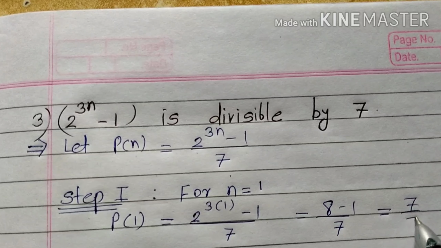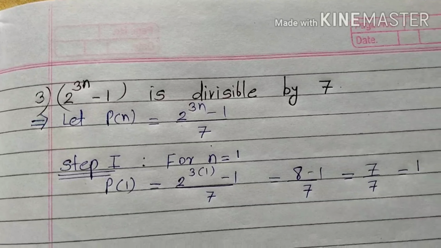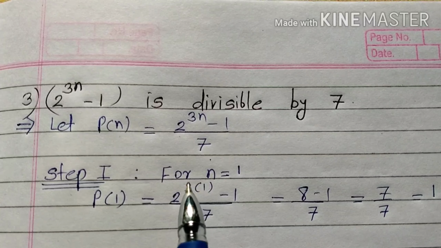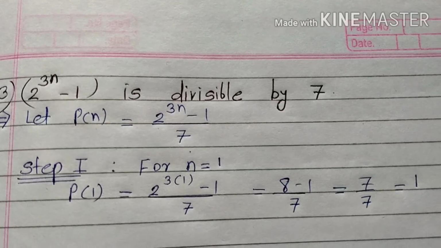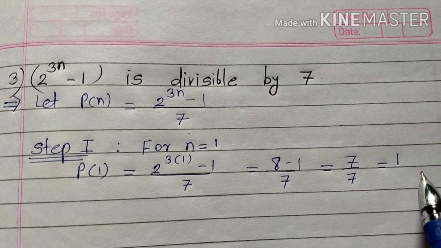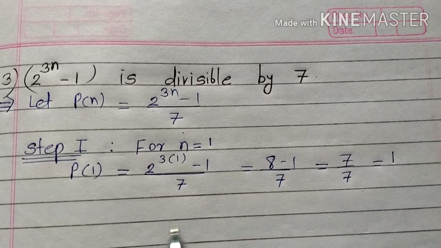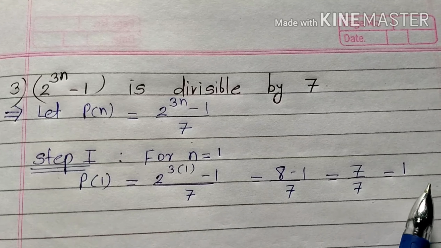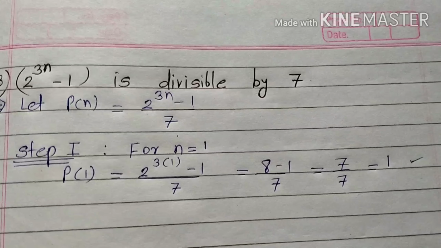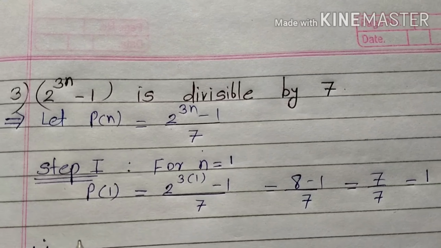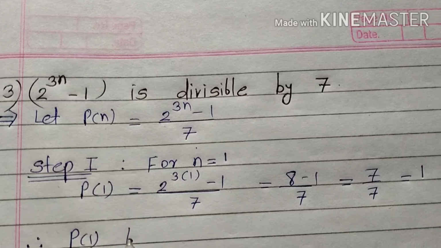So it is 7 upon 7, means 1. So you can observe that for n is equal to 1, this number is divisible by 7. Means we get here some integer. If we get a fraction here, then this is not divisible by 7. But we get an integer, so it is true here. Therefore, P of 1 is true.